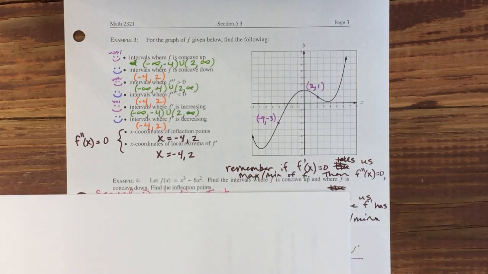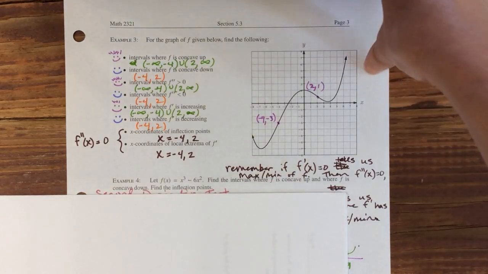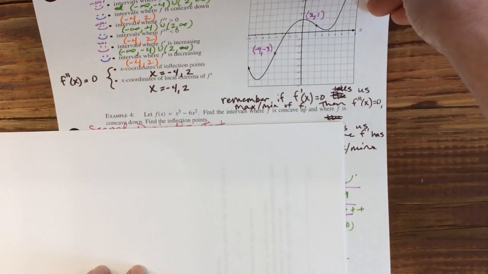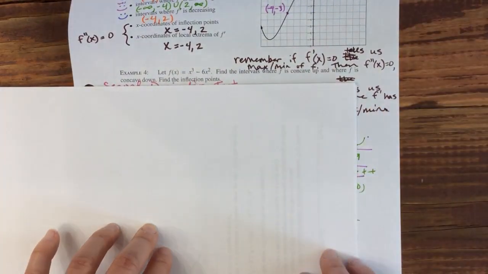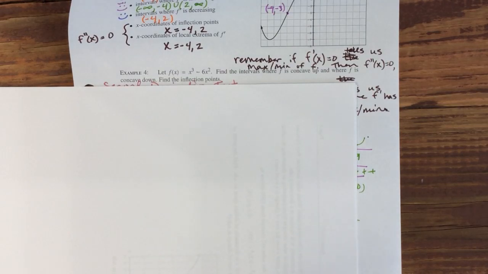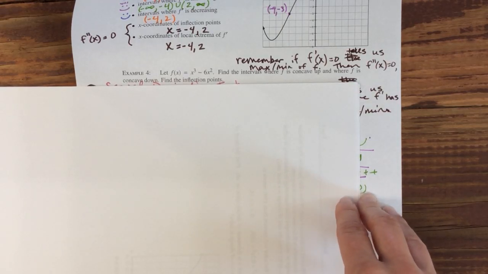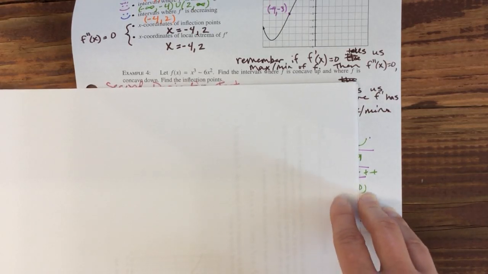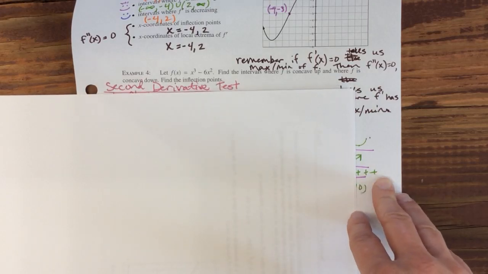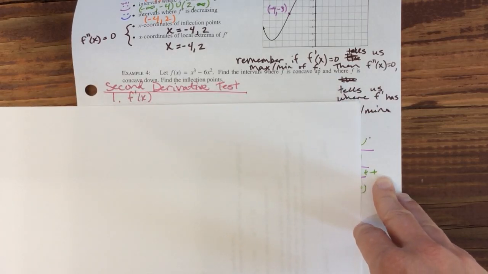Okay, so now we're actually going to do a concrete example. Let f of x equal x cubed minus 6x squared. Find the intervals where f is concave up and where f is concave down. Find the inflection points. Remember, our step-by-step algorithmic way, which is called the second derivative test, is: 1.